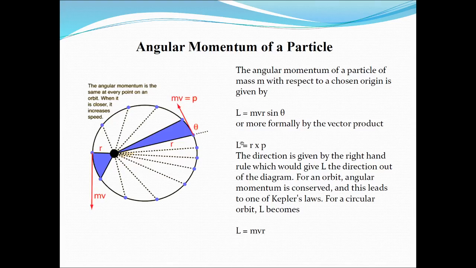This relation can be written as L is equal to r times p, where p is equal to mv, mass times velocity. The direction is given by the right hand rule.